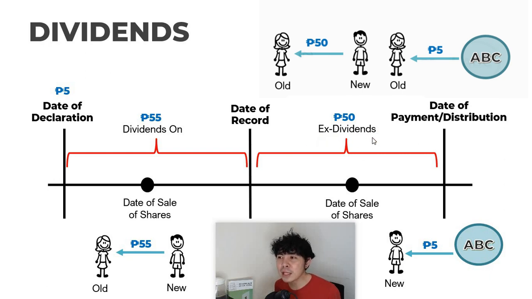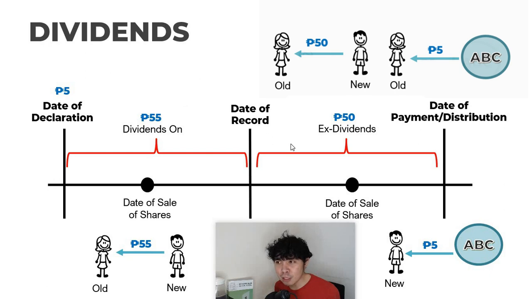Pag sinabi naman nating ex-dividend, ibig sabihin nito, yung binibili ng new shareholder between these dates is yung shares of stocks lang. Walang kasamang dividendo. Unlike dito sa date of declaration tsaka date of record, between these dates, dalawa ang binibili ng new shareholder. May shares of stocks at may dividendo.